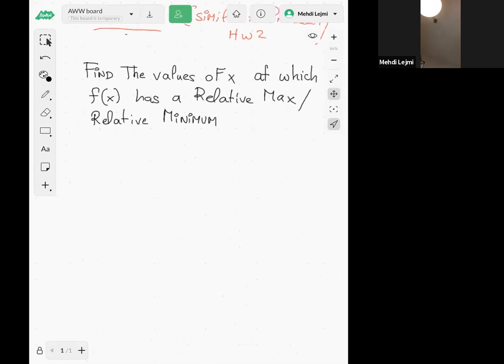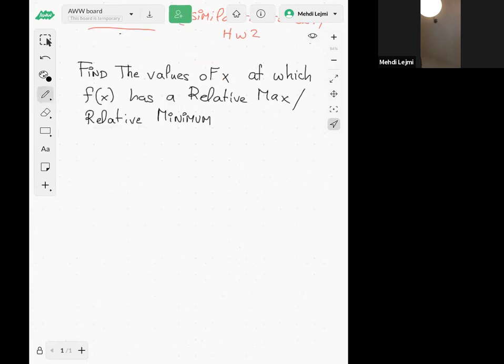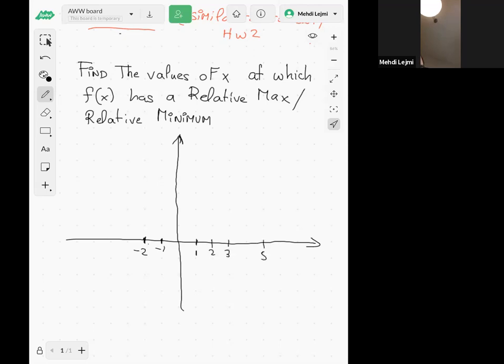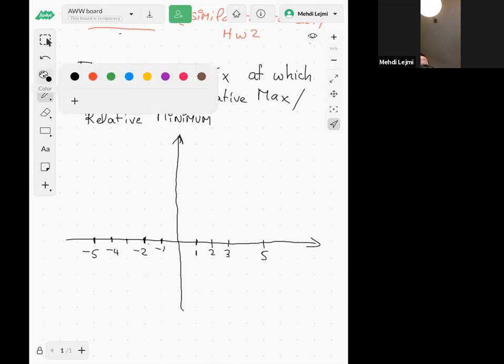Okay. So here's my graph. So this is +1, 5. So let's say we have the following graph.